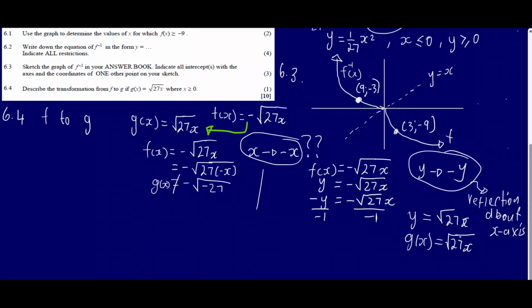So if they change y, we know that it's a reflection about the x-axis. So for that question, they simply transformed the graph of f by reflecting it about the x-axis, right? That's why we see the y value being the one changing there.